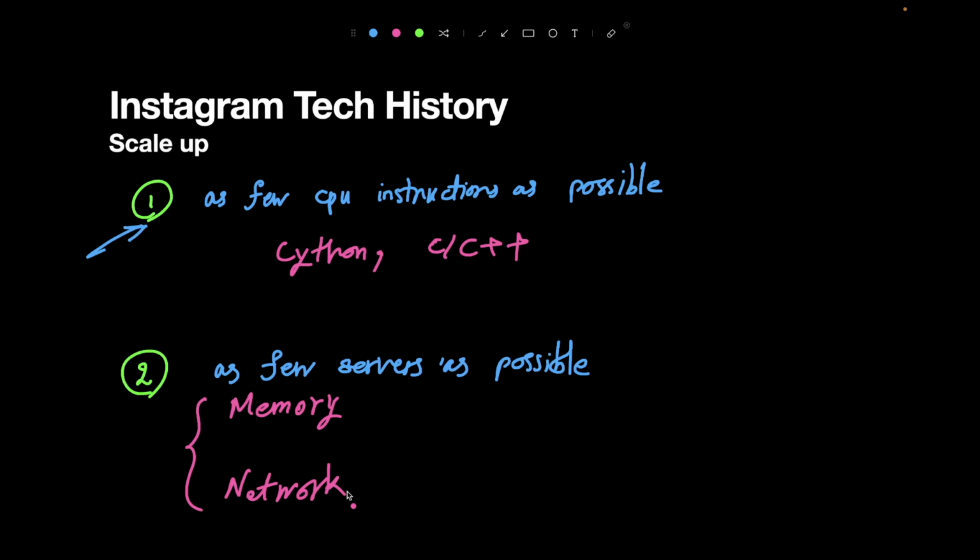In this way, we can decrease the memory usage of each process and can run multiple different processes in parallel. So we can utilize all the cores of the CPUs, and with this approach we can decrease the number of servers.